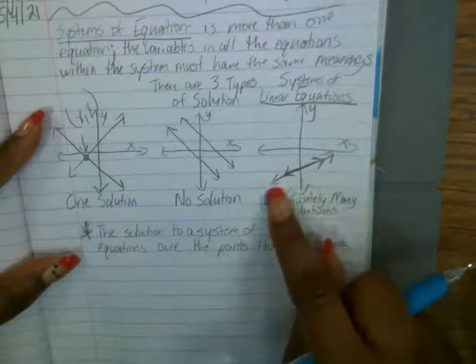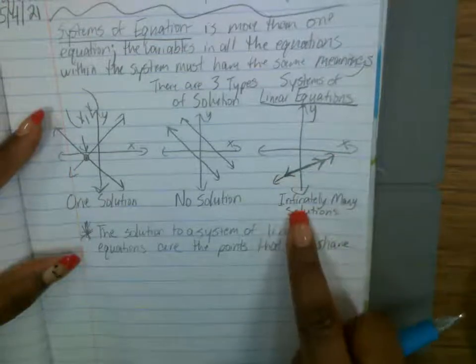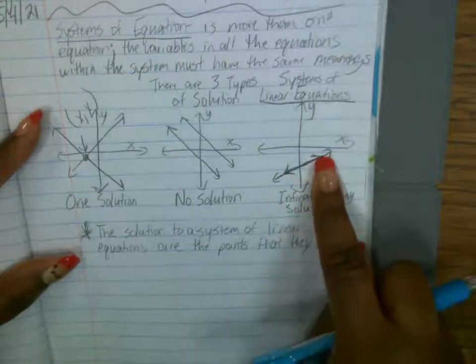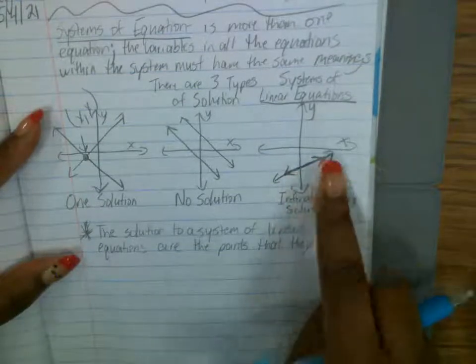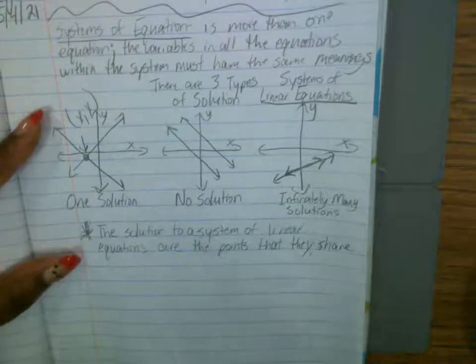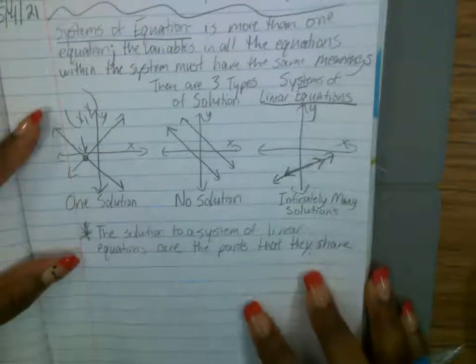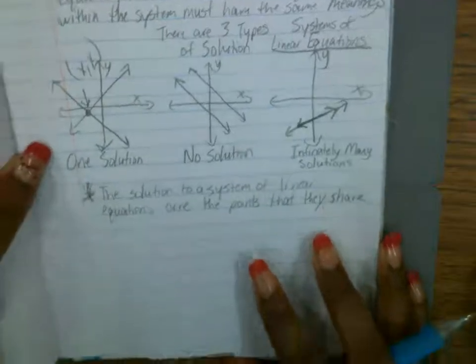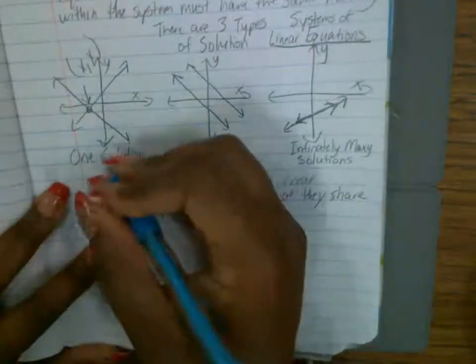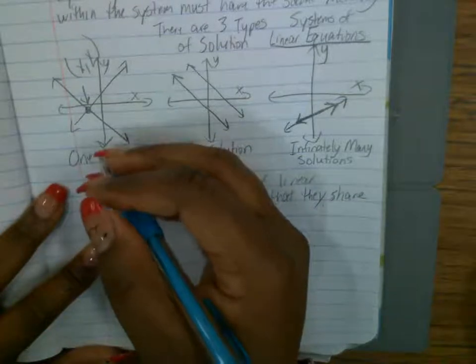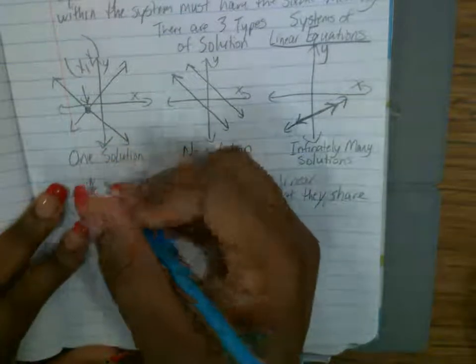That means they share all of the same points, so it's infinitely many solutions, because these lines are never going to end. So they have an infinite number of points, which means they have an infinite number of solutions. All right. Ways to solve a system of linear equations.